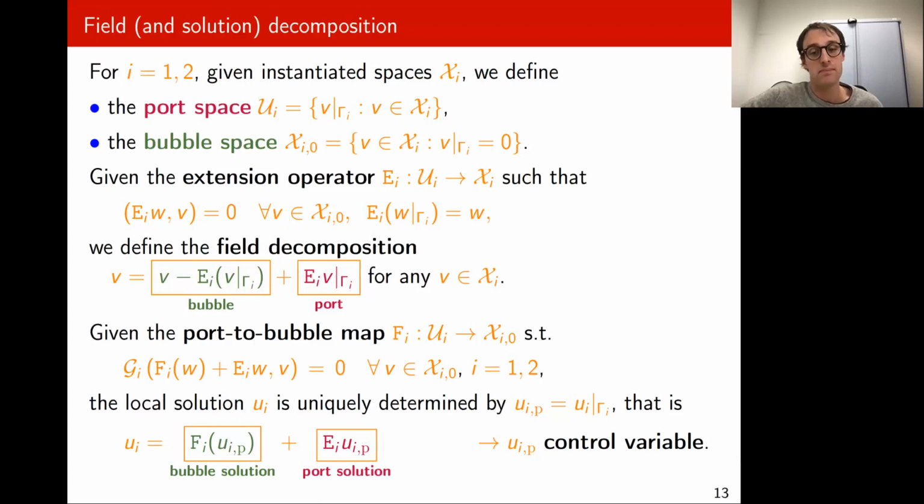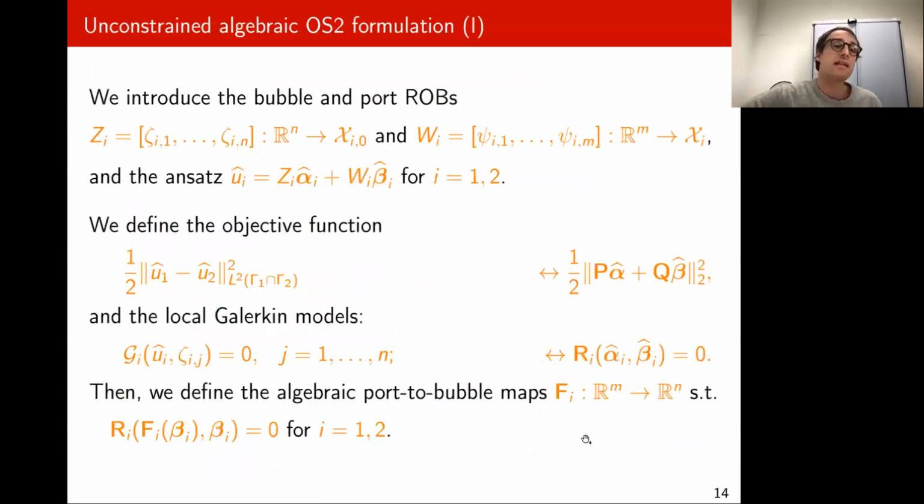So let's now introduce a discretization of our problem. For the sake of argument, we do not distinguish between high fidelity and low fidelity reduced order discretization. We just introduce bubble and port basis, and we consider the following ansatz.